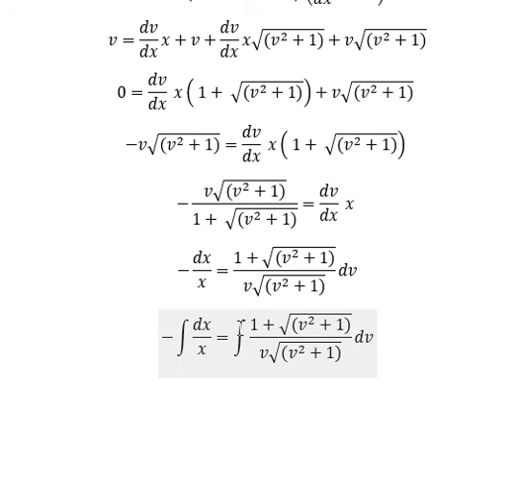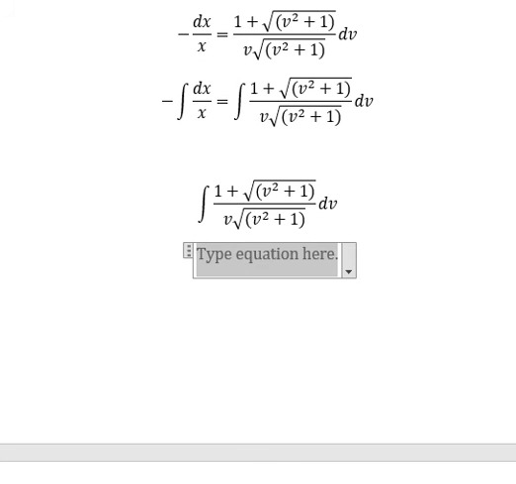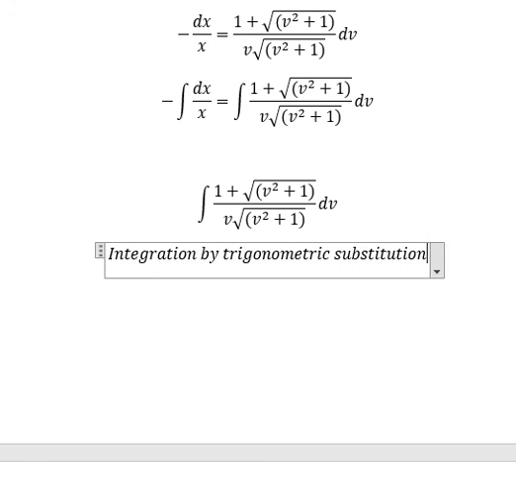Now, I will show you the technique how to find this integration. So, I will use integration by trigonometric substitution.